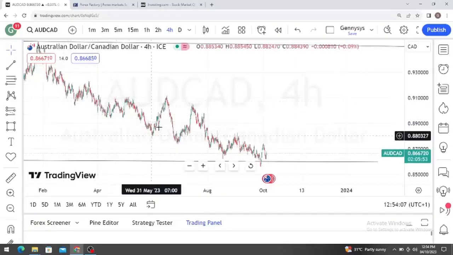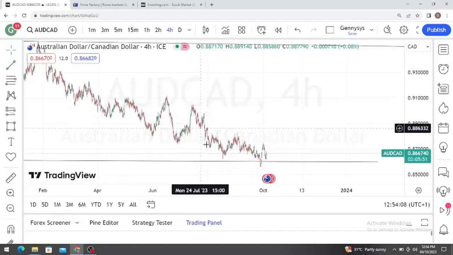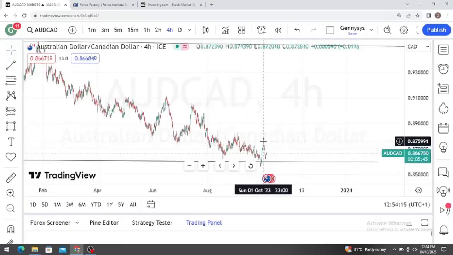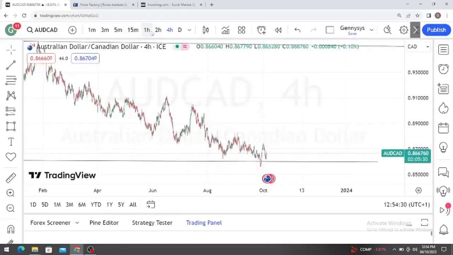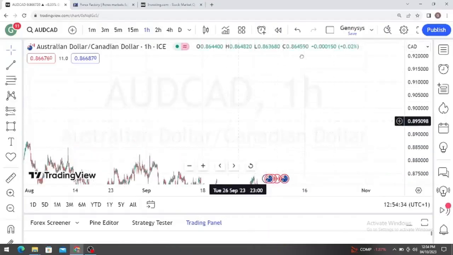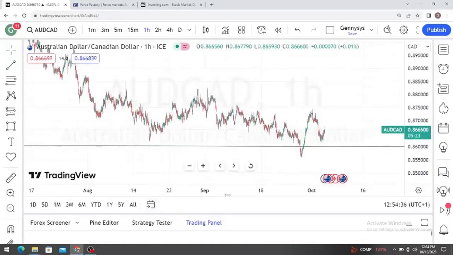We have high, low, high, low, high, low, high, new low, new high, and we should be going down to create a new low now. So I can still find somewhere to enter and sell with the trend. So I'll drop down again to the 1 hour time frame, all the while paying attention to the structure.